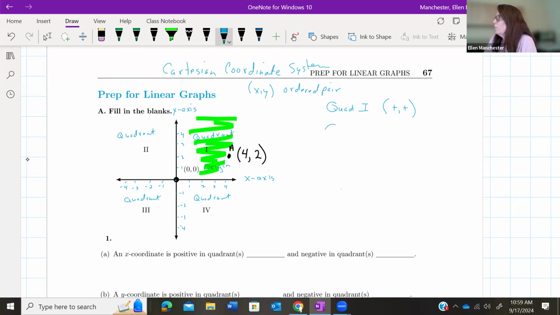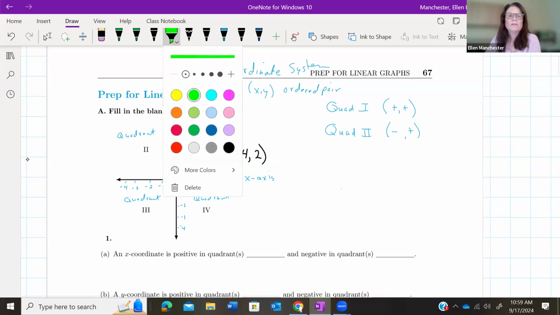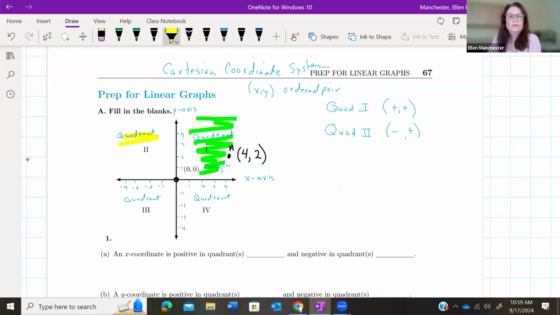Okay, so based on that, what kind of values are you going to have for quadrant 2? Yeah, negative and positive, because it's negative x, and then it goes up, so it's positive y. So quadrant 2 is always over here.